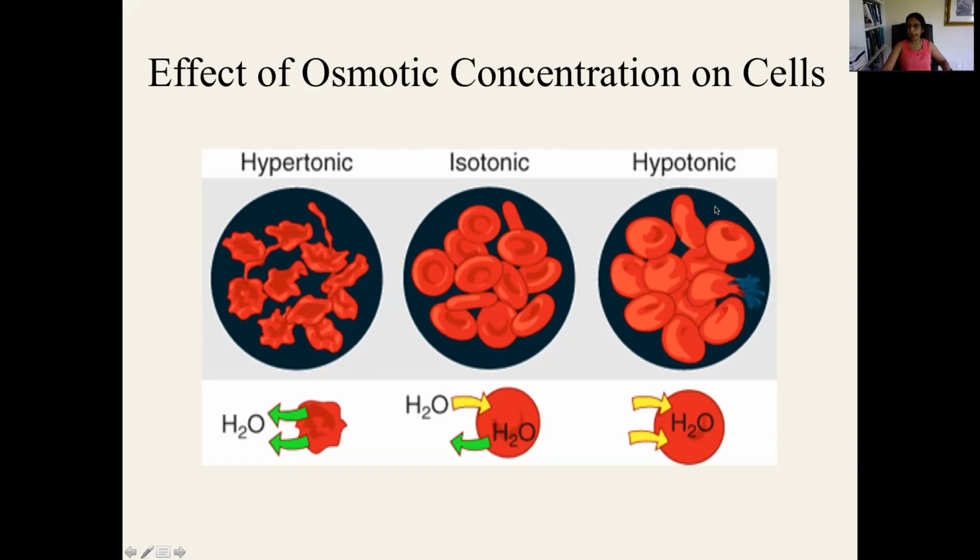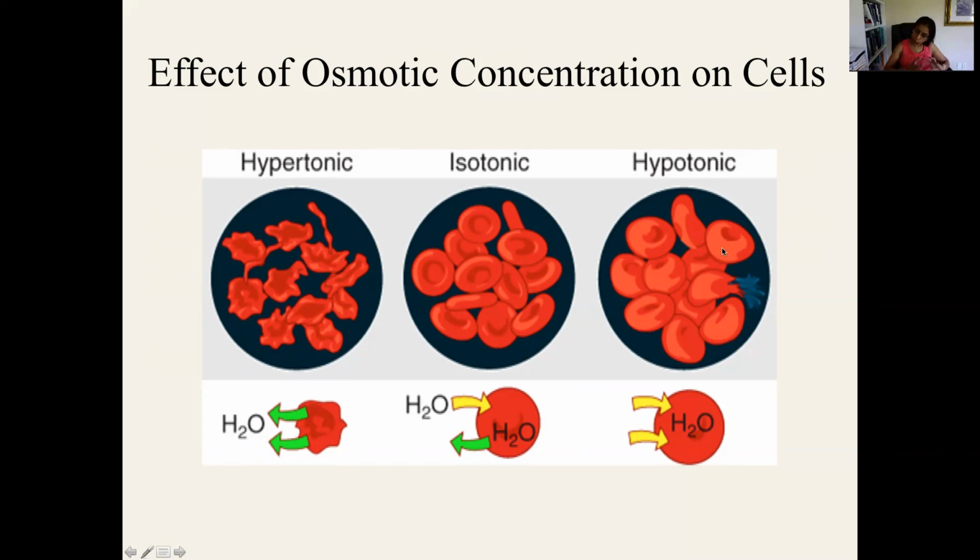Maybe it's 200 milliosmol to 250 milliosmol, not 300 milliosmol. So what happens? Water, remember, would move from lower solute concentration to higher solute concentration. When you have 200 milliosmol here, 300 milliosmol here, this is where more solute is, that's inside the red blood cell. So water would enter the red blood cell.